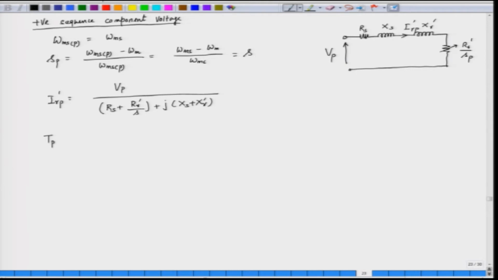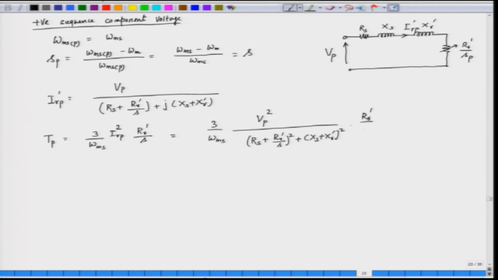The torque is given by 3 into Irp whole square Rr prime by S by omega ms. This is the torque for the positive sequence component, that is equal to Vp square divided by (Rs plus Rr prime by S) whole square plus (Xs plus Xr prime) whole square, into 3 by omega ms into Rr prime by S. So, this torque is positive.